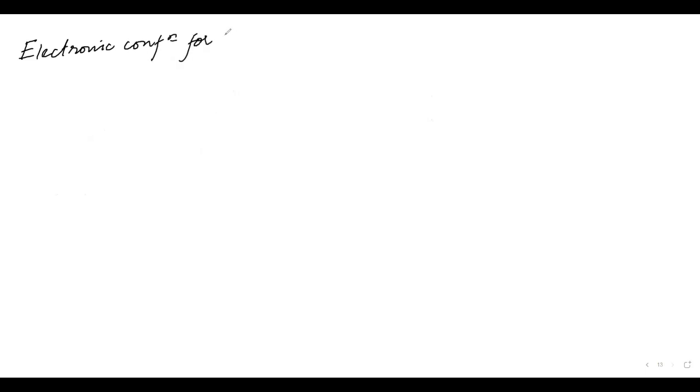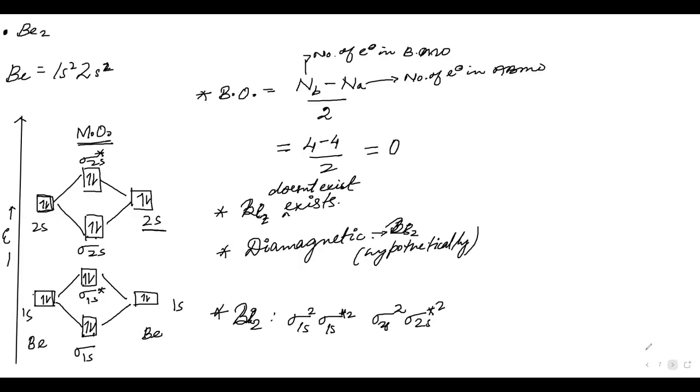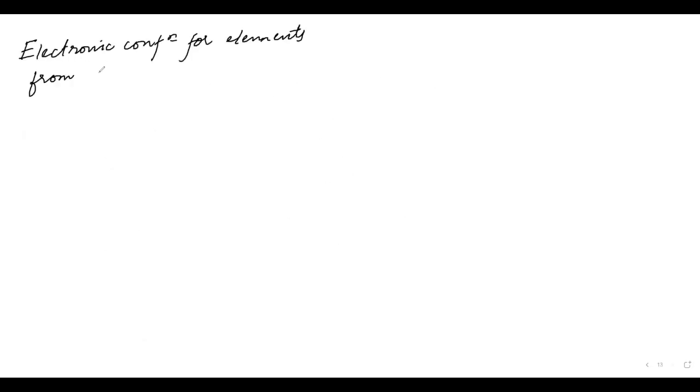We did up till boron. Then for boron, what is the atomic number of boron, from 5 to 7? That means boron, carbon, nitrogen. What will be the electronic configuration for these elements?